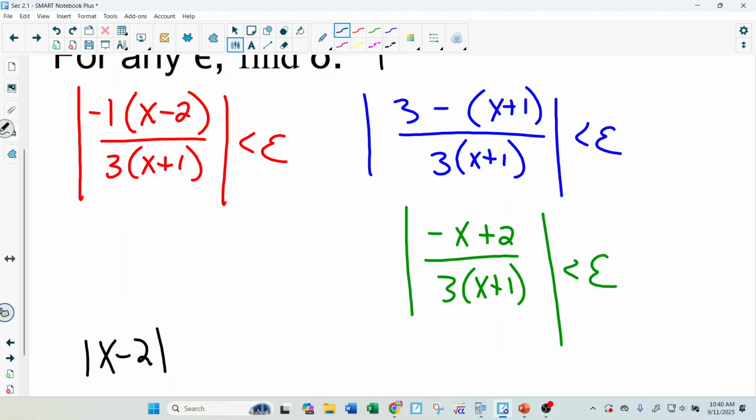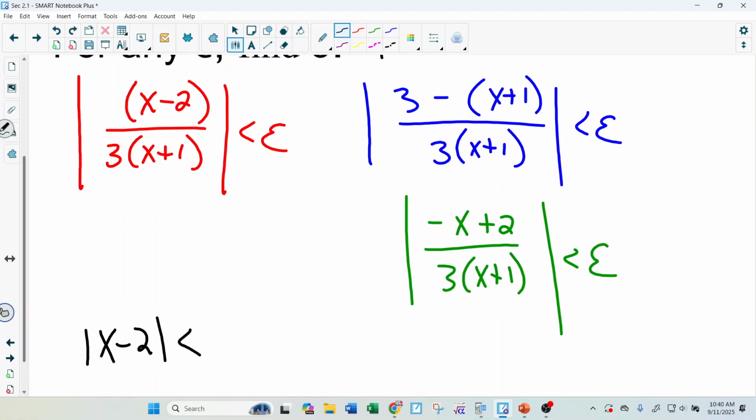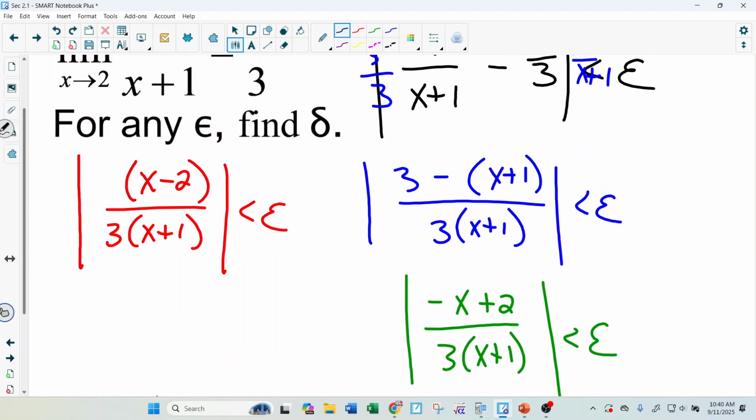Okay. Now, what can you do with a negative inside an absolute value? Just make it positive? And what is a negative 1 inside an absolute value? We could just be like, let's just get rid of that. Now the question is, what can we do now? Now we got to go back to the top and think about this.